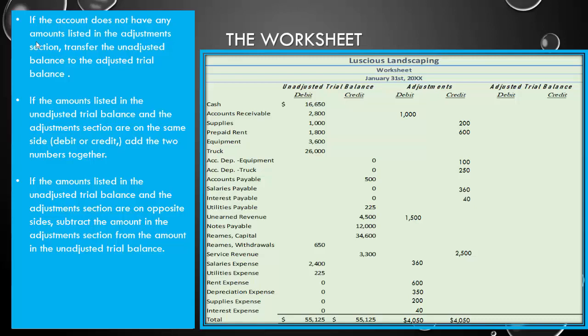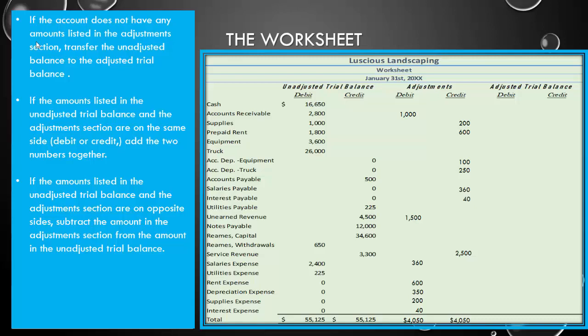What I mean by that is if you have a debit balance in your unadjusted trial balance and a debit balance to your adjustments section, you can simply add them together because they're on the same side. They're both debits. However, if they're on differing sides, if you have a debit balance in your unadjusted section and a credit balance in your adjustments, you subtract and report the difference between those two in your adjusted trial balance. Confusing? It'll be pretty easy as I work through here.